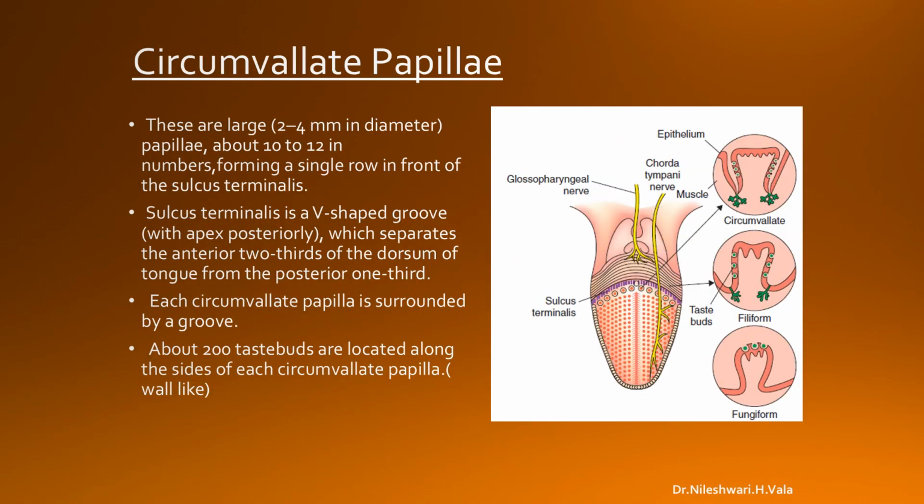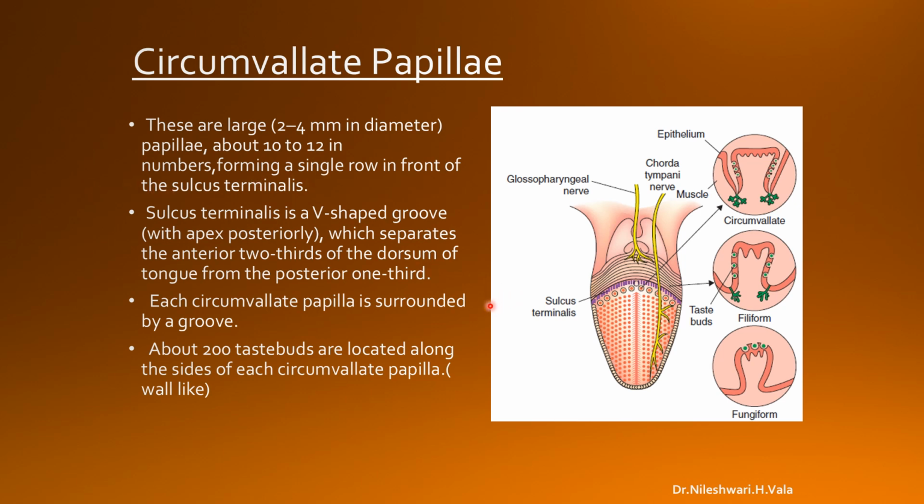Now circumvallate papillae. They are large, 2 to 4 mm in diameter and about 10 to 12 in number, forming a single row in front of the sulcus terminalis.